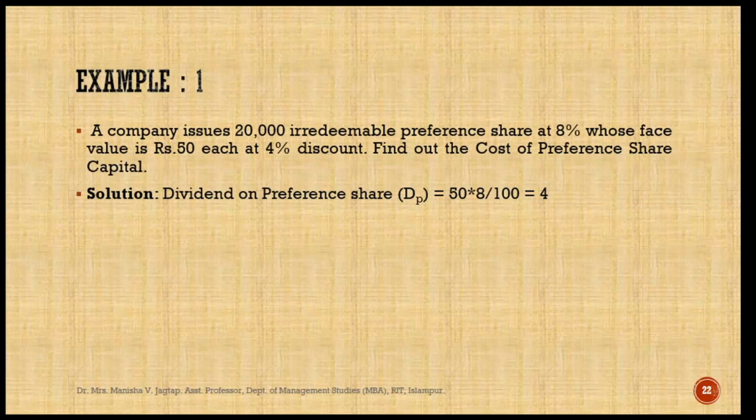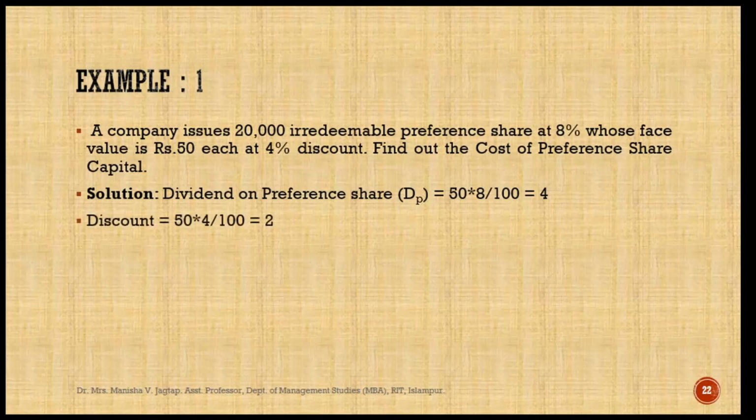That means 8% is the rate of dividend. 20,000 shares they are issuing, and its face value is rupees 50. So on 50, we will calculate 8%. So now the dividend on preference share is rupees 4.